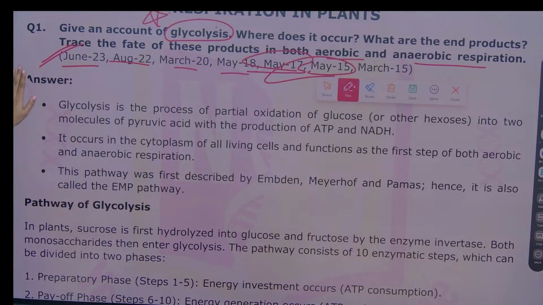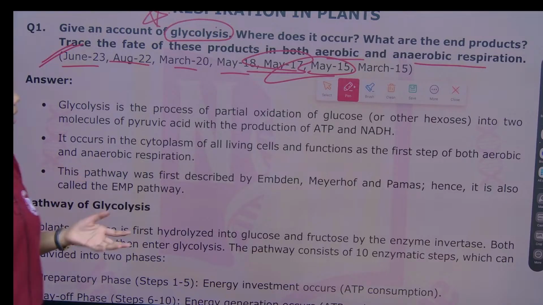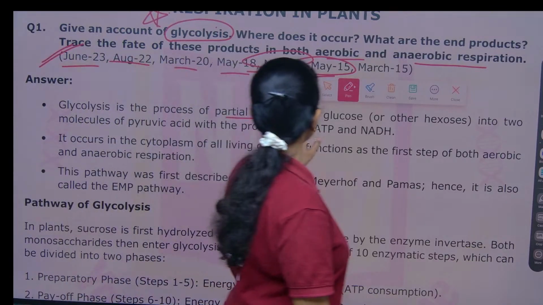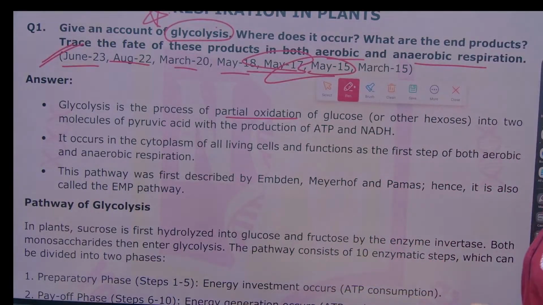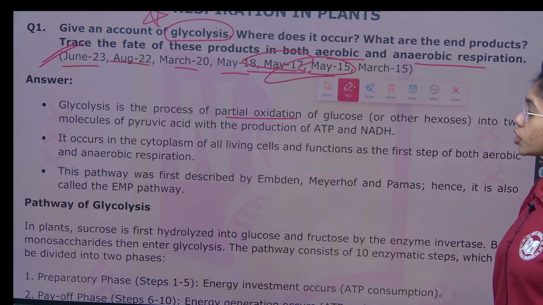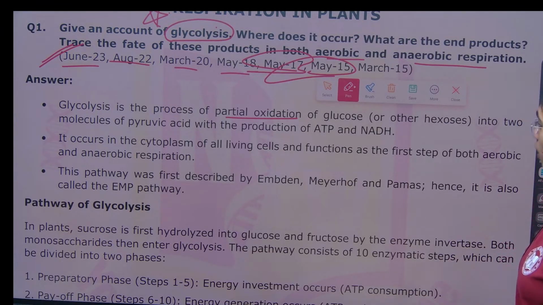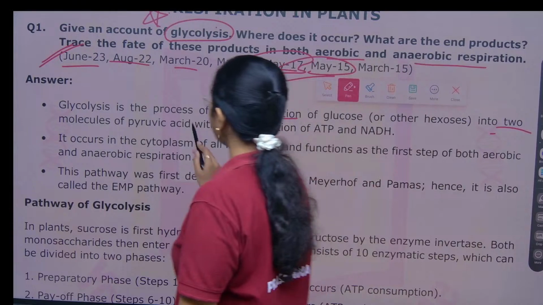So, here in the answer, what you have to mention in the beginning: glycolysis is the process of partial oxidation of glucose or other hexoses, where 6 carbon molecules of glucose will be converted to 2 molecules of pyruvic acid.